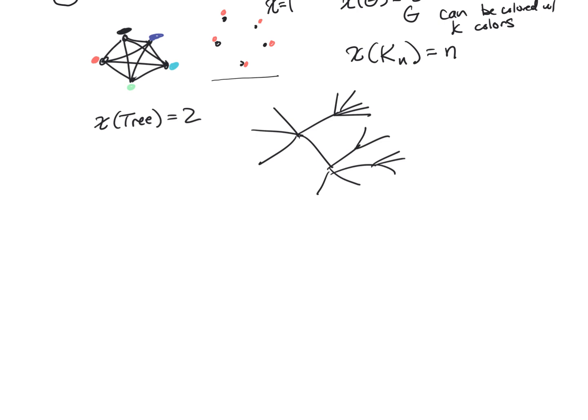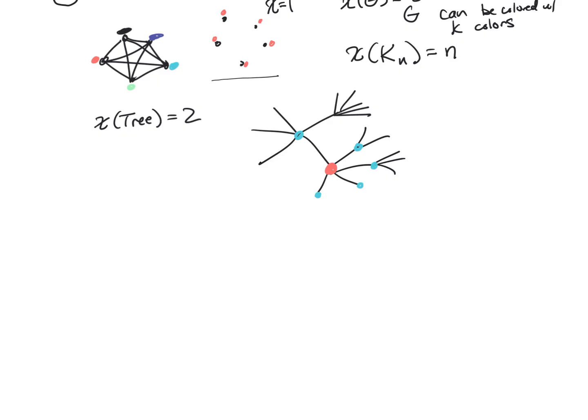Well, essentially the argument is that you just do it and you don't run into a problem. So you pick a vertex, say that one's red. Once I've made a red choice, all of its neighbors are forced to be blue.